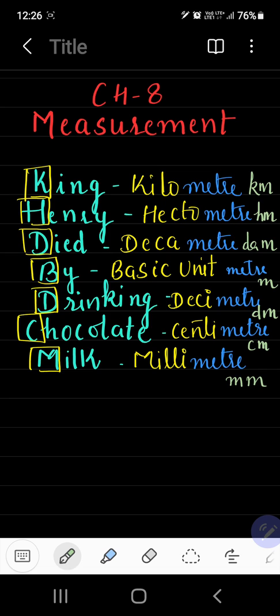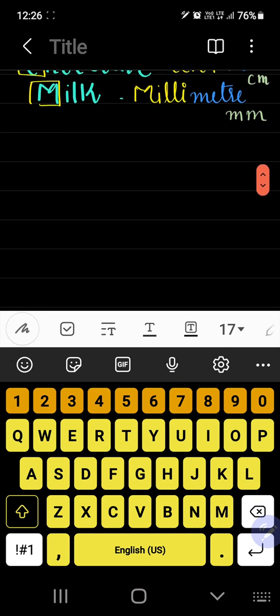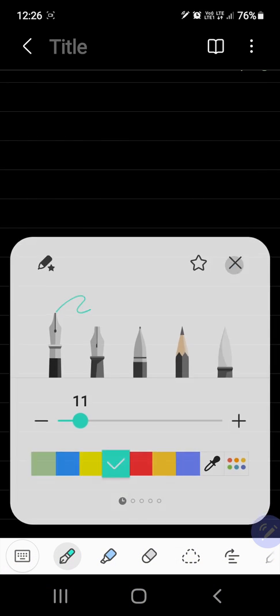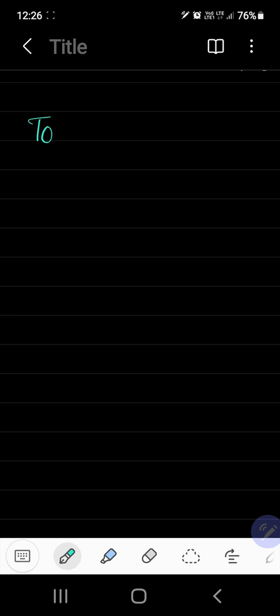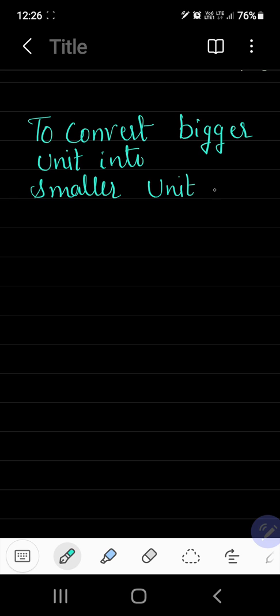Along with this trick, you also need to learn one more thing, and that is: children, when we convert a bigger unit into a smaller unit, we multiply.